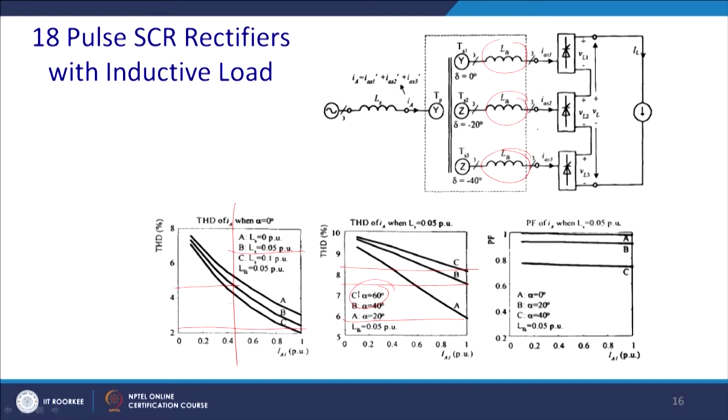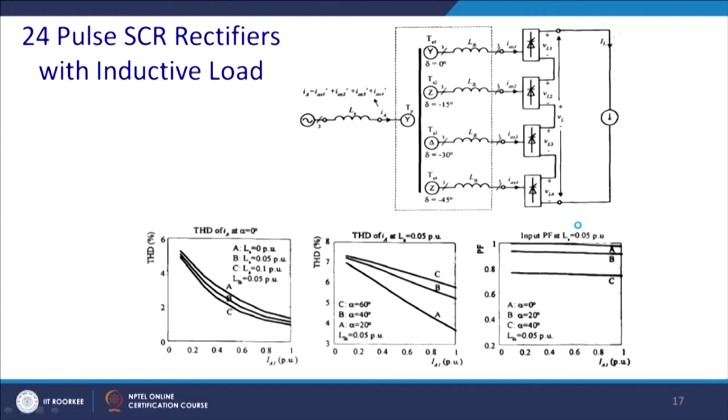But for C, for the highest triggering angle, alpha equal to 40 degree, you get close to 0.78, and for B you get close to 0.9293, and for A very close to 0.9598. So, this is the overall 18 pulse converter.